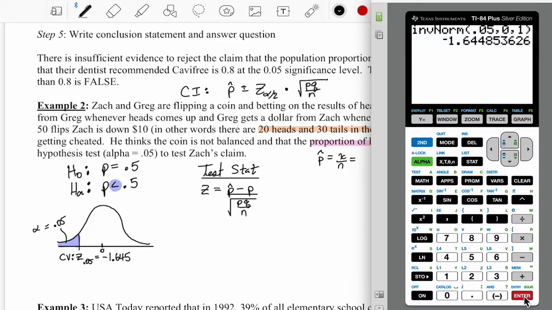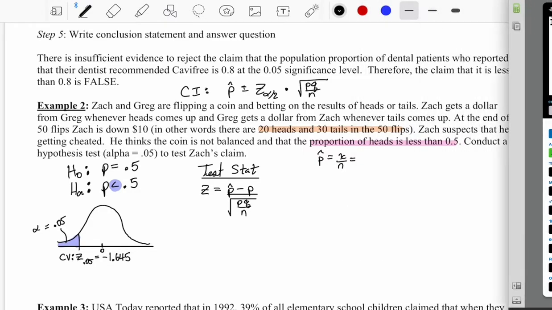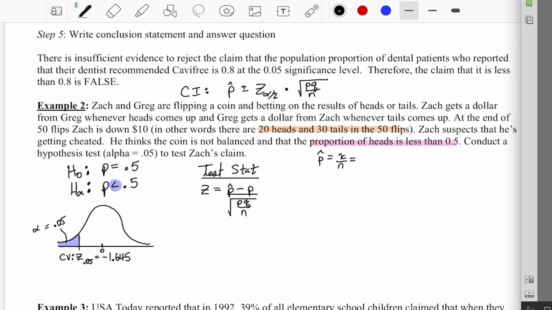We just pulled that from the wording of the problem. 20 successes, 50 trials. You can go decimal on that because it's a clean decimal. 20 out of 50 would be 40% or 0.4.